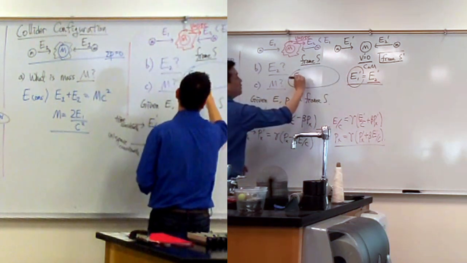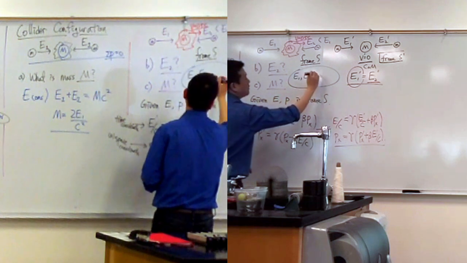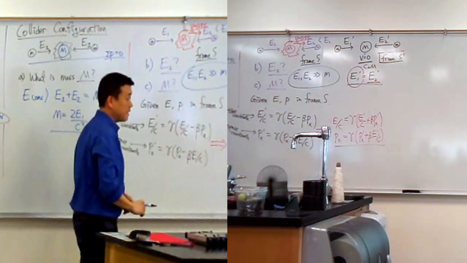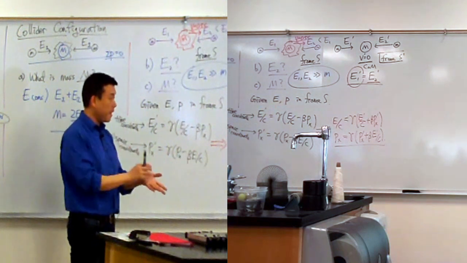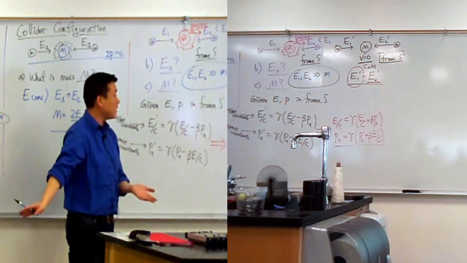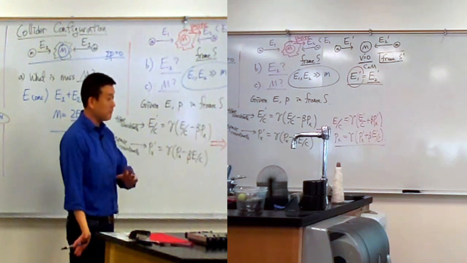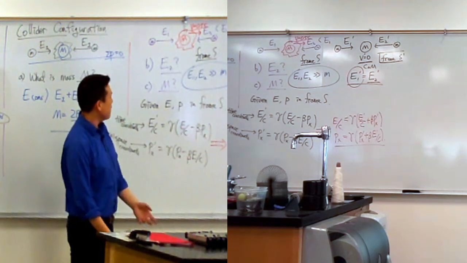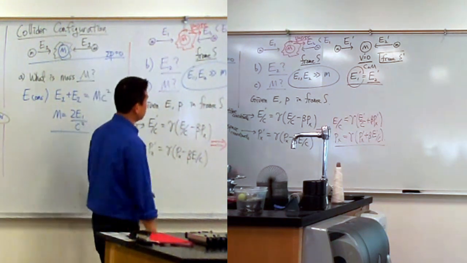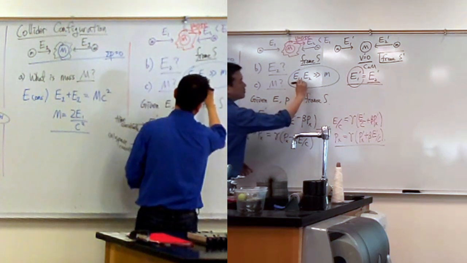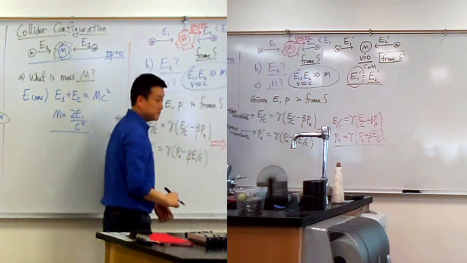The approximation is that E1 and E2 are both much greater than mass m. As in, the total energy of the particle is much more than the rest energy, maybe 10 times more. That means factor gamma is about 10 or more. And what that does is that makes it essentially so that the velocity of the particle, if I ever need it, is approximately c.